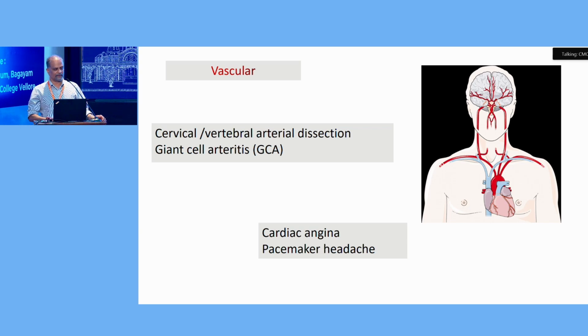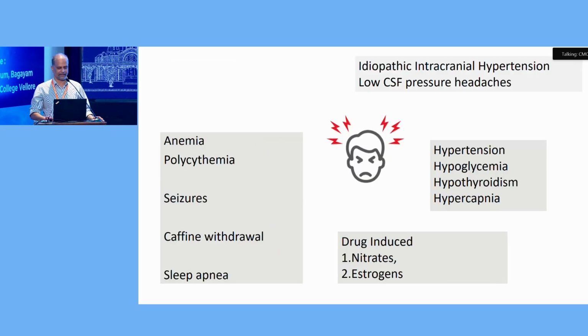Also look for vascular causes like any dissection. For a patient presenting with acute headache, don't miss any dissection or giant cell arteritis. Cardiac angina rarely can present on the ipsilateral side of the head. Other things like idiopathic hypotension can also present with headache, and any metabolic causes, like intermittent hypoglycemia, and drugs. Don't forget drugs, especially nitrates and estrogen in your history.